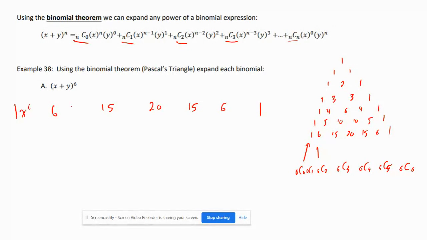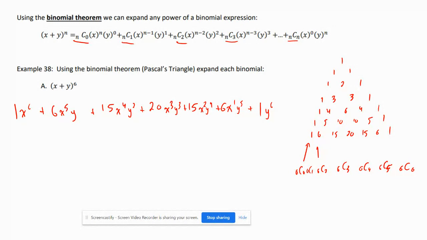at x to the 6, x to the 5, x to the 4th, and I just keep going down. And this one over here will be x to the 0, but I don't need to write that. Now, my last term is going to be y to the 6th, and I'm going to start counting backwards like this. Then we put pluses in between them because we're adding up all these terms.